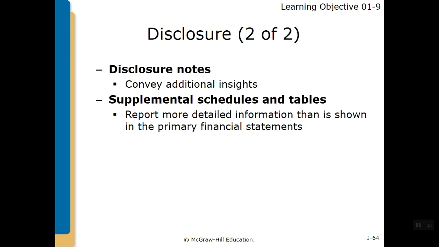Does the company record depreciation based on straight line or some kind of accelerated method? That may affect how you interpret the financial report as a whole. The same goes for how they value receivables, or how they report their investments. You could see the amounts, but you couldn't really tell the methodology for their reporting. So that's where these disclosure notes come in.